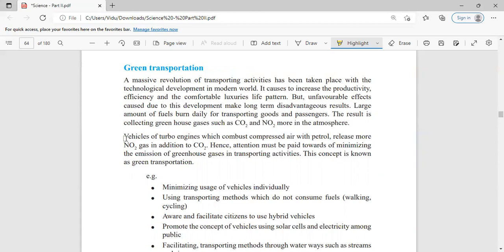But unfavorable effects due to this development have long-term disadvantageous results. A large amount of fuel is burnt daily for transporting goods and passengers. The result is the accumulation of greenhouse gases such as CO2, carbon dioxide, and NO2, nitrogen oxide, in the atmosphere.